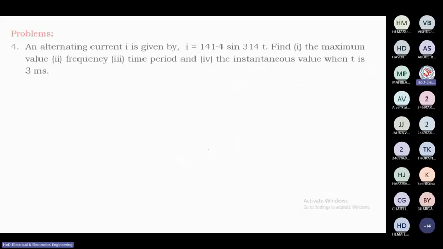So there is a problem, first problem. So please write the problem. The problem says an alternating current I is given by I is equals to 141.4 sine 314t.